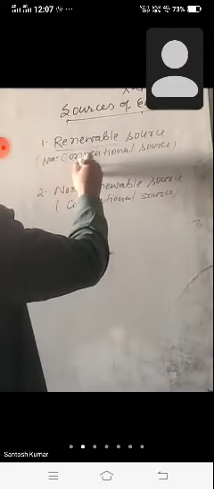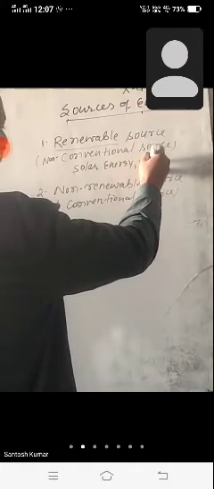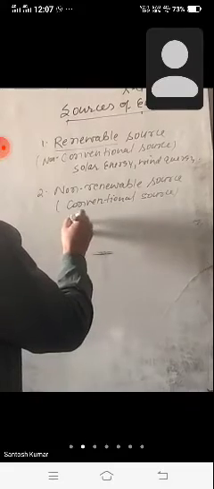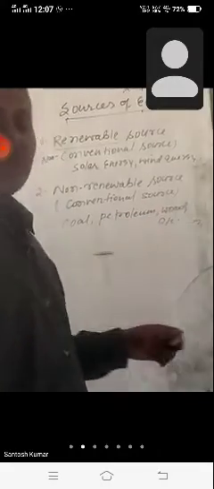Just like the example, solar energy, wind energy, and here non-renewable, coal, petroleum, wood, etc. So they will take a longer duration for the next production.